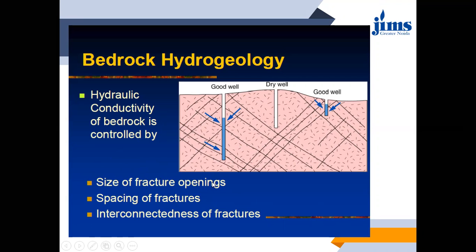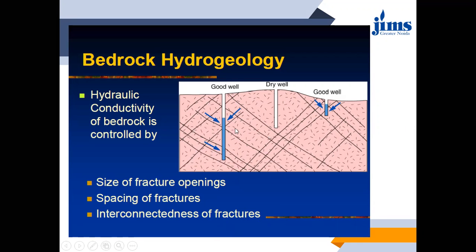The wider your fracture in the rock, the higher the conductivity will be. Then the spacing of the fractures, again the same thing we studied, joints. What are joints? Joints are nothing but fractures with no movement. If there is some sort of movement in the joints, then what will happen? More spacing will be created, and again the conductivity will be increased. Similarly, the interconnectedness of fractures.